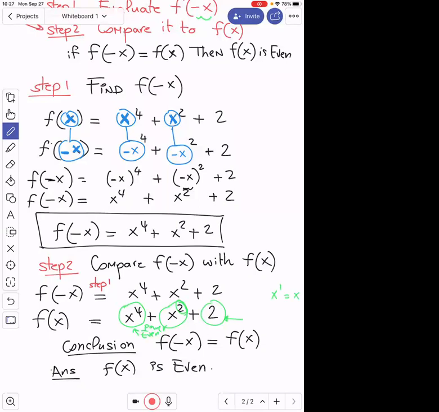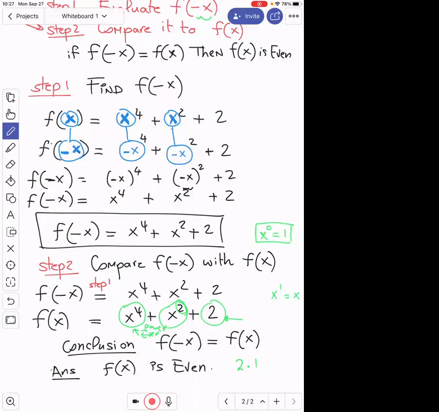When you have 2, it's a constant, but you can write it as 2 times 1, and 1 is equal to x to the power 0, because any non-zero number to the power 0 is equal to 1.